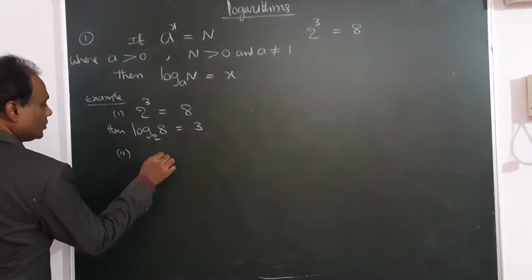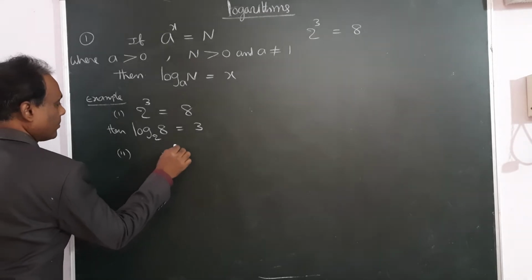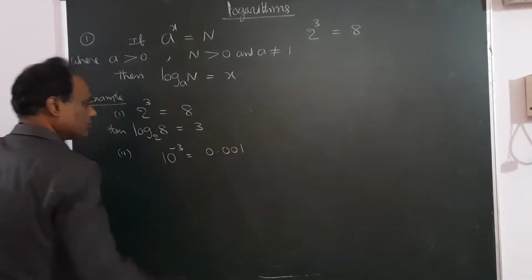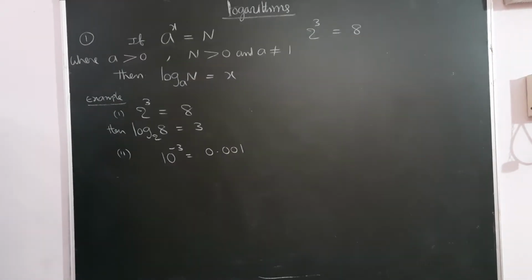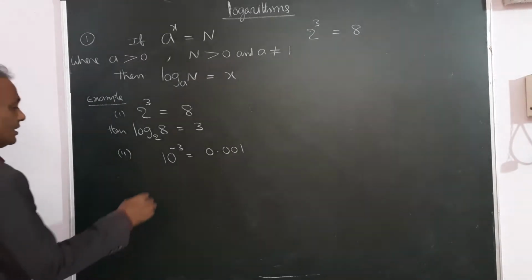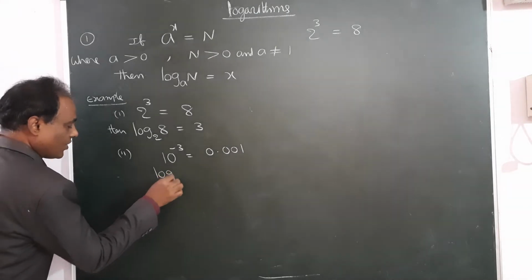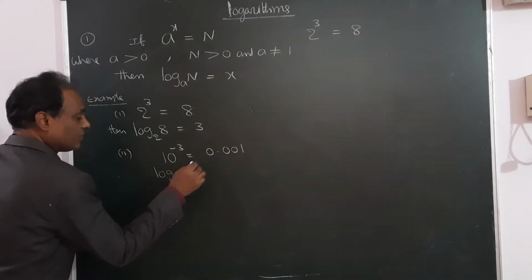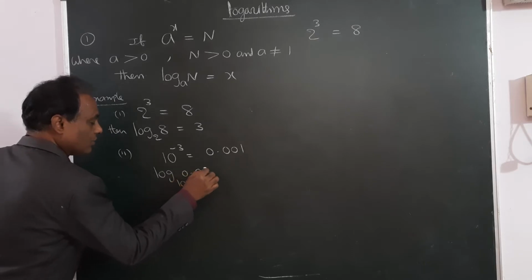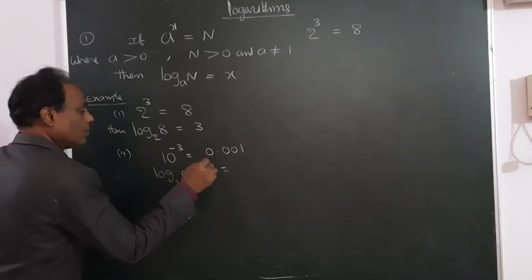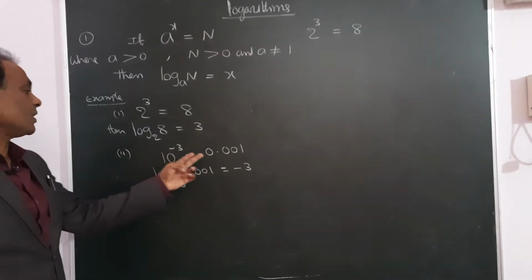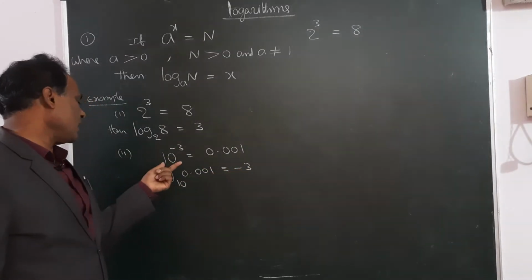Next, 10 power minus 3 is equal to 0.001. Write in the logarithmic form. How to write in the logarithmic form? Log of 0.001, base remains base only, to base 10 is equal to minus 3. This exponent will come on the right side. So this base will be base only.